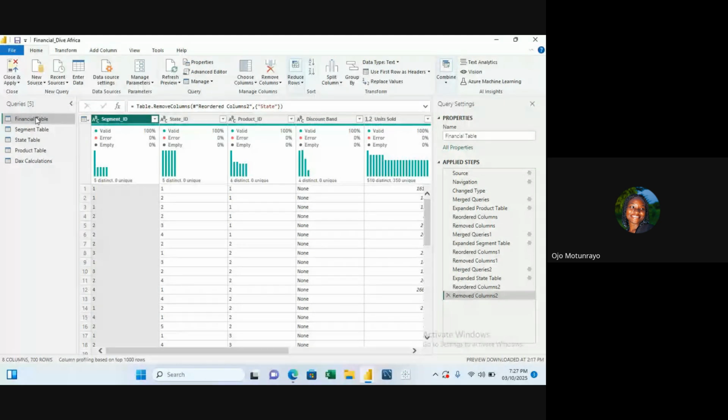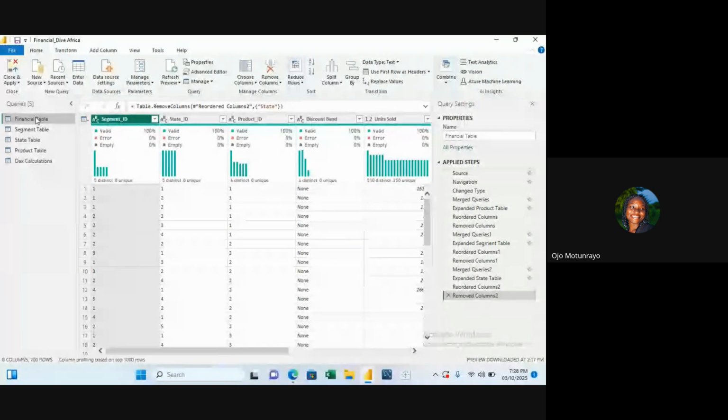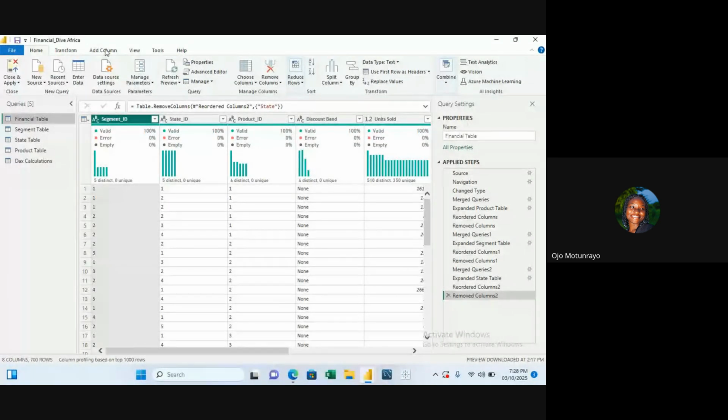So we want to write some, I won't say code, but we just want to write some things that will sum up some of our columns here, like the total sales. So how do we get total sales? Total sales is also talking about revenue. All right.